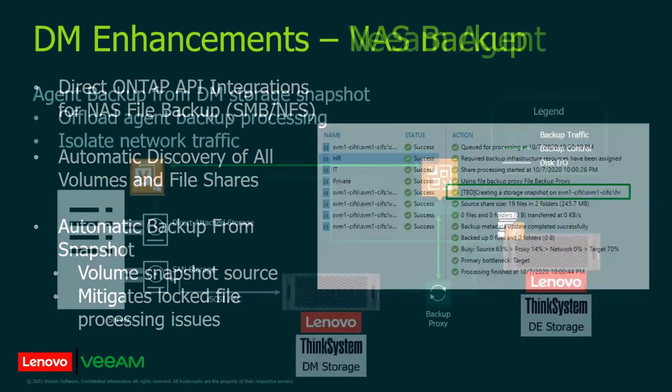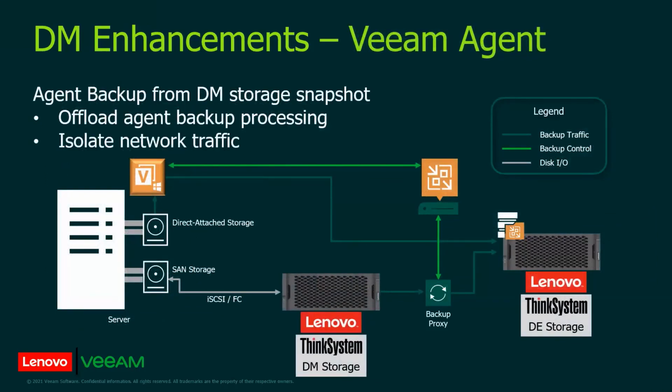And then the other brand new capability I wanted to highlight, a new integration for DM and ONTAP, is backup for Windows Server. Now the idea is, and it doesn't necessarily have to be a physical Windows Server, it could be any Windows Server with an attached DM LUN.